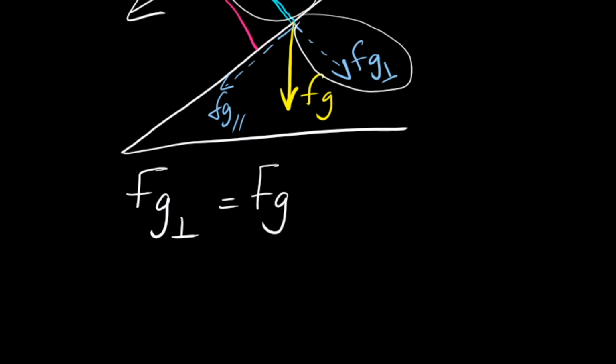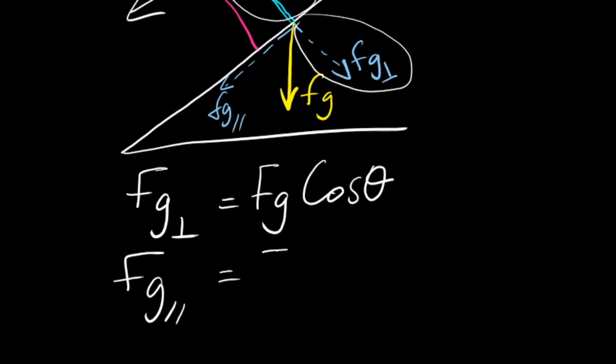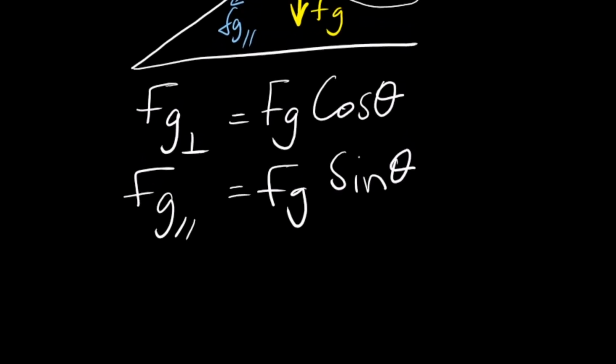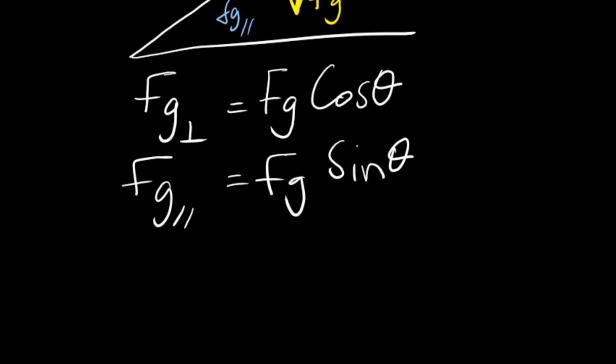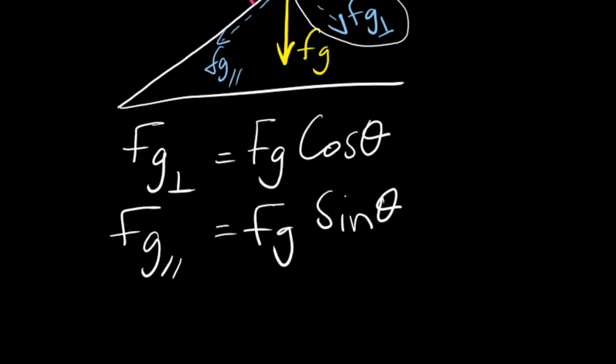Our vertical component will be associated with cos, and then our Fg parallel will be sine. Some of the learners will say it's vice versa. Well, you are correct. So if I want to calculate the vertical component of gravity, I will use this equation. The parallel, I will use this equation.